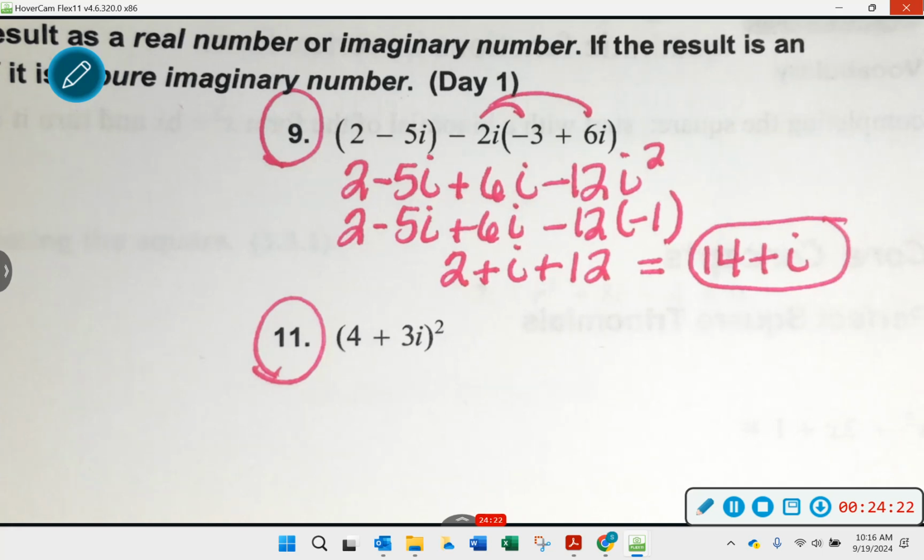Should be about finished with number 9. Check your answer before you go on to 11.